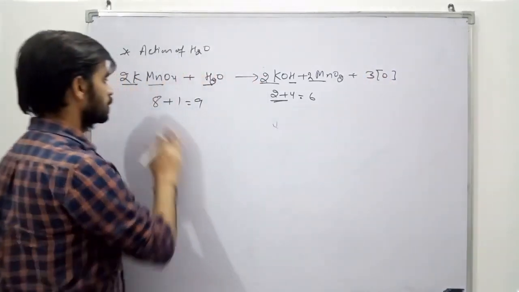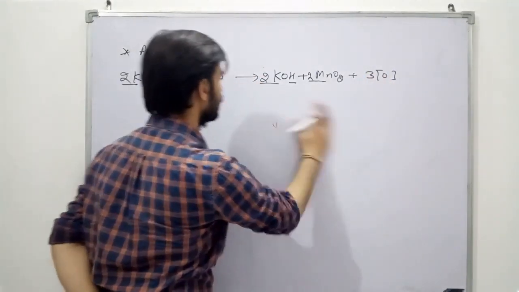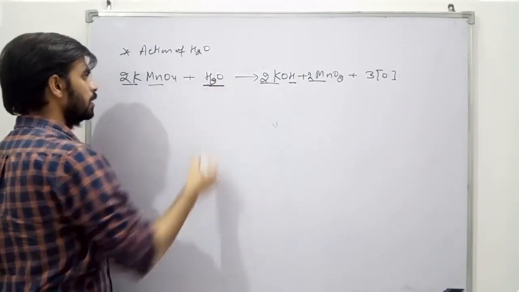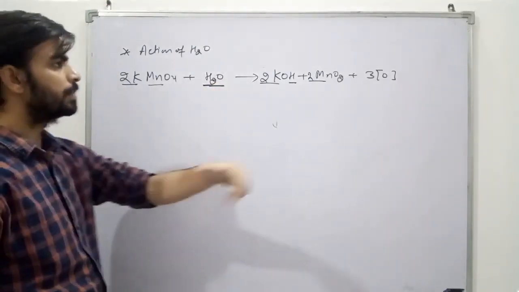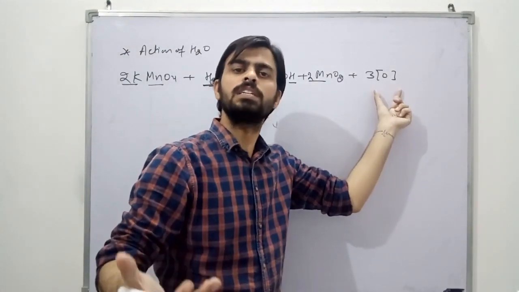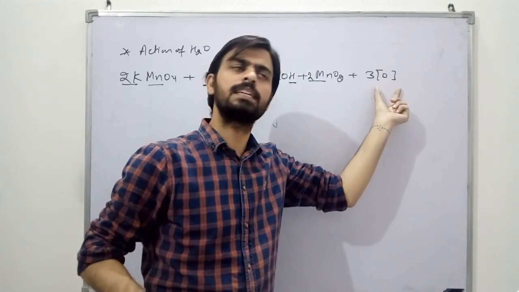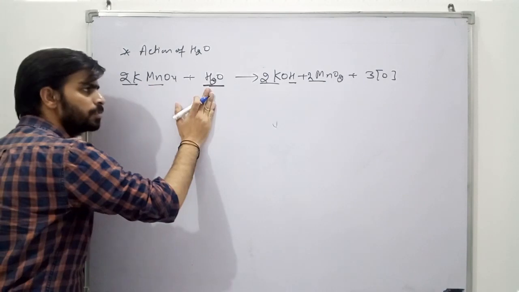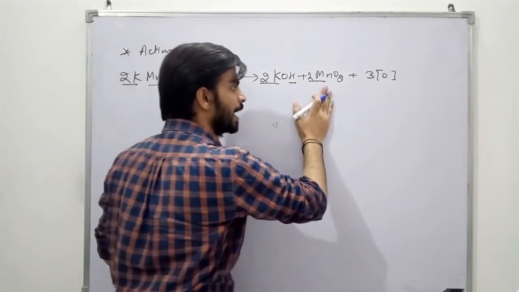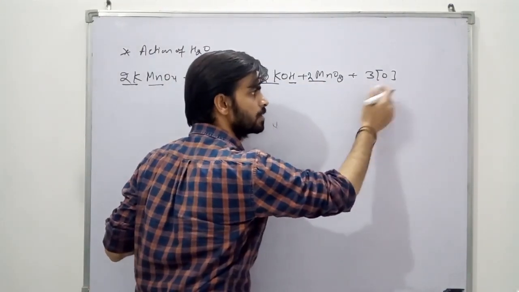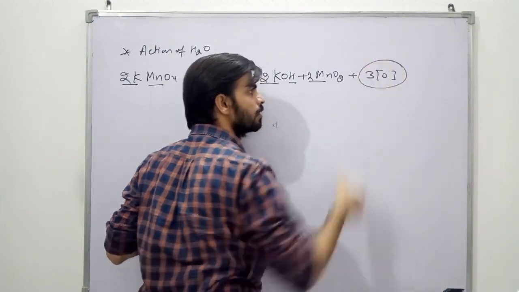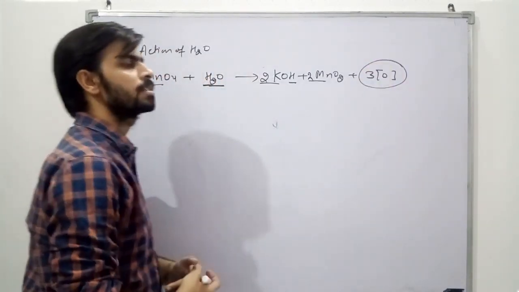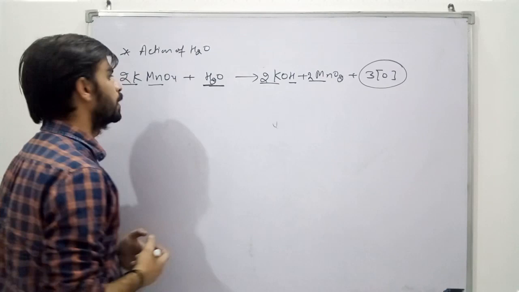Now 3 oxygen. So in the neutral medium, KMnO4 gives 3 nascent oxygen which are responsible for oxidizing character. When KMnO4 is treated with water, it produces KOH, manganese oxide and 3 nascent oxygen, and these 3 nascent oxygen are responsible for the oxidizing character of KMnO4.